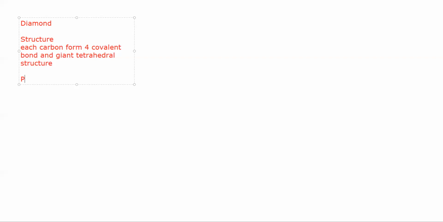Properties with a reason for that: diamond has a high melting and boiling point.